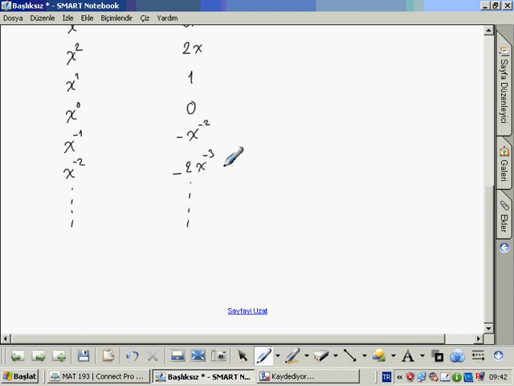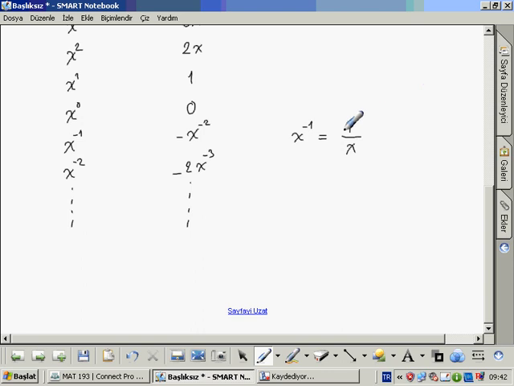And what about, as you see, x to the minus 1 equals 1 over x.